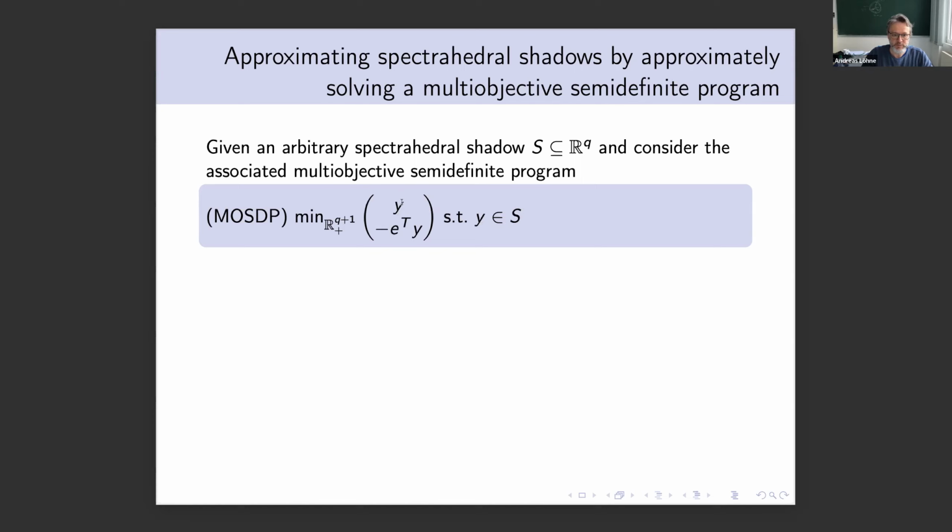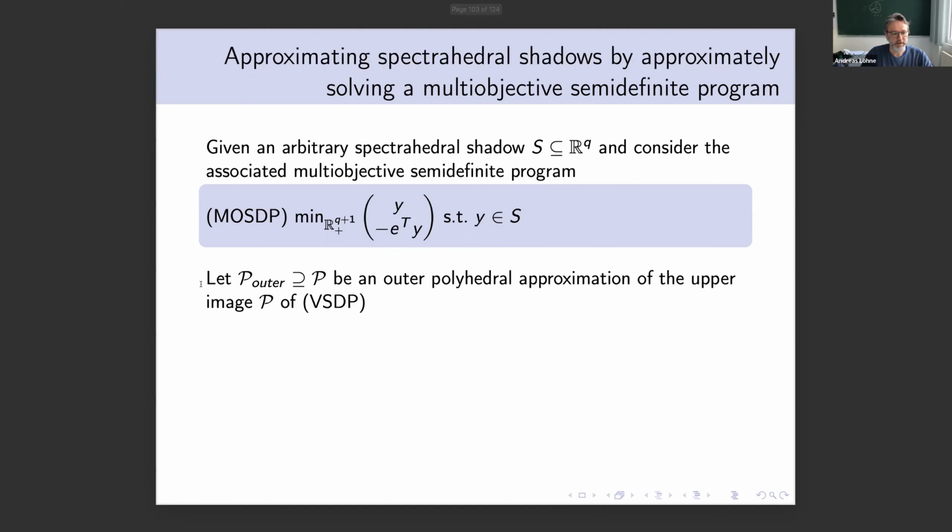So we have here Y, and we add the components such that the sum over all components is 0. And now we can compute an outer approximation of the upper image of this multiple objective program. We denote it by P outer.